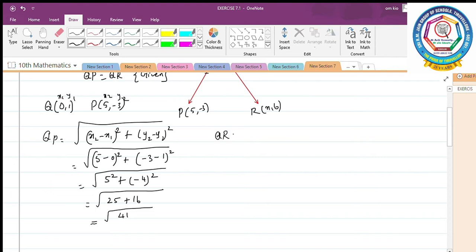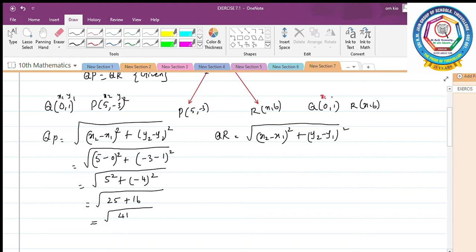So QR distance formula: (x2 minus x1) the whole square plus (y2 minus y1) the whole square. What is the Q coordinate? Q of 0, comma 1. What is the R coordinate? R of x, comma 6. So this is x1, y1.